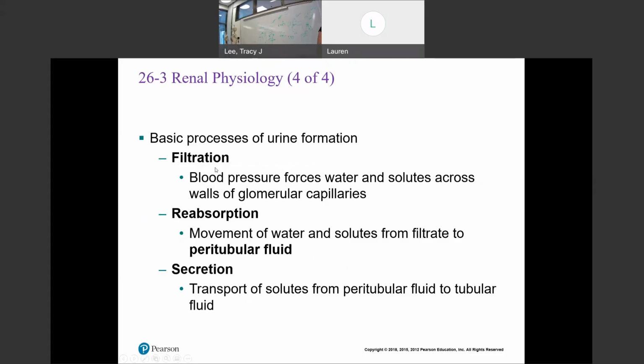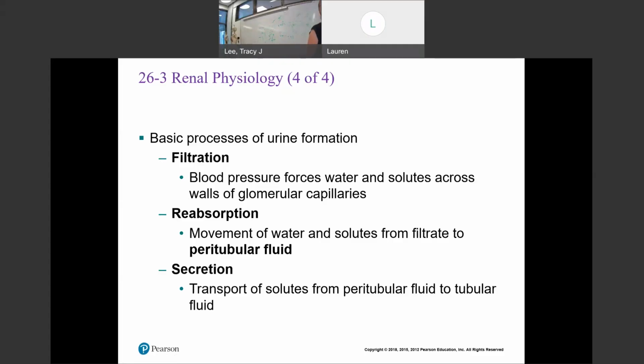All right, just know these terms. I've talked about them a lot. Filtration is just using that hydrostatic pressure to move things from the bloodstream in the glomerulus into the nephron tubules. That's our filtration. Reabsorption is when we pull it out of the kidney tubules to go back to the bloodstream. Secretion is when we take it from the bloodstream and put it in the kidney tubules.